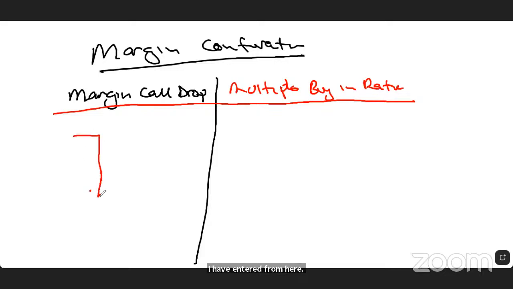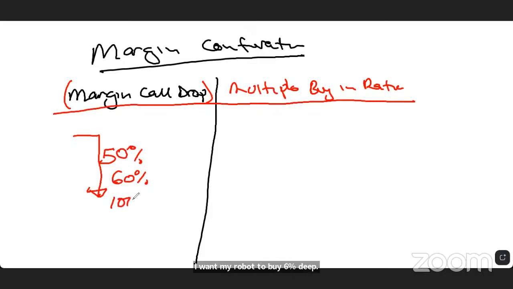How deep do I want my robot to buy is the margin call drop. I want my robot to buy 50% deep. I want my robot to buy 60% deep. I want my robot to buy 100% deep.